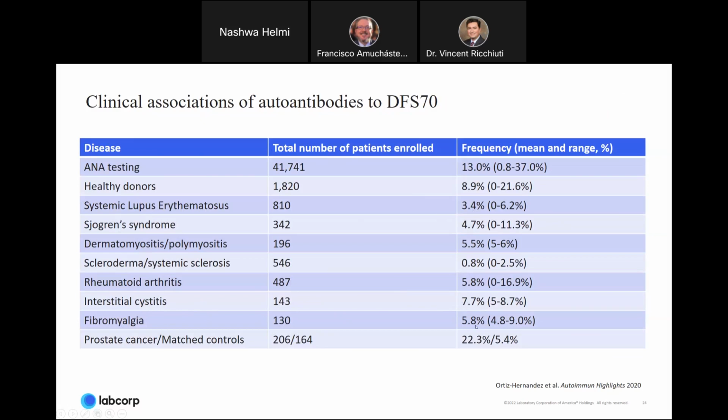Fibromyalgia is also 5.8%. What is very important here, I wanted to show you, is that in prostate cancer 22.3% of patients had antibody against DFS70 versus the matched control, which was only 5.4%. So DFS70 may be an oncogenic marker.